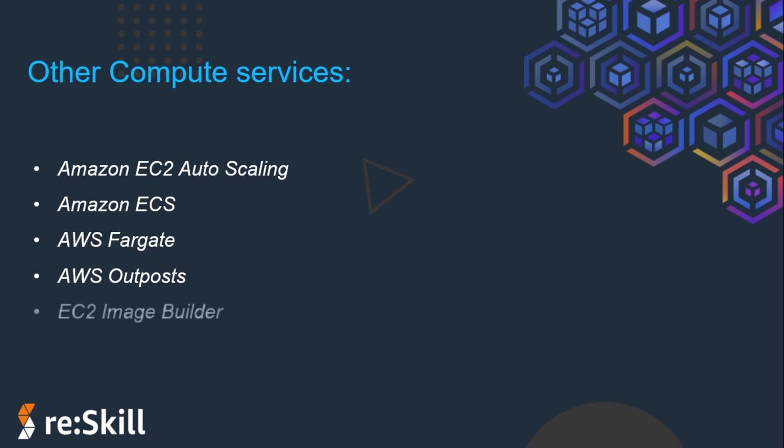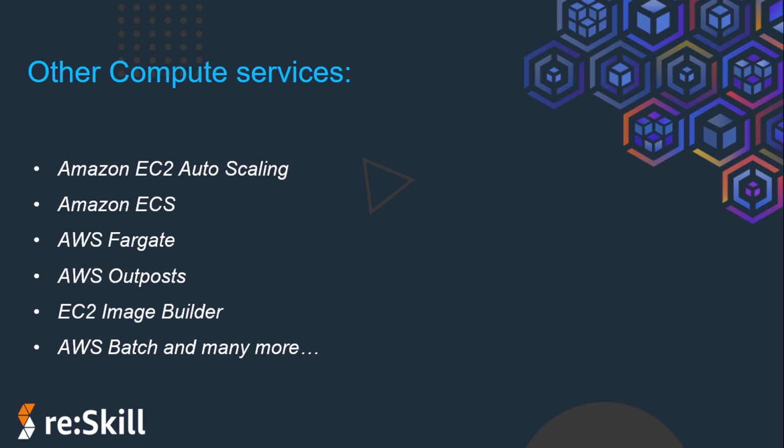Then you have EC2 Image Builder, which is used to build and maintain secure Linux or Windows Server images. What I was telling, right? Amazon Machine Images you can create with the help of EC2 Image Builder if you are creating custom images. Then AWS Batch, which is a fully managed batch processing service. You can run batch processing jobs at any scale using this service.